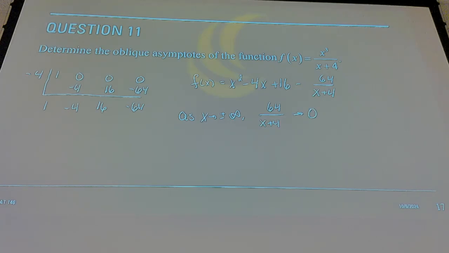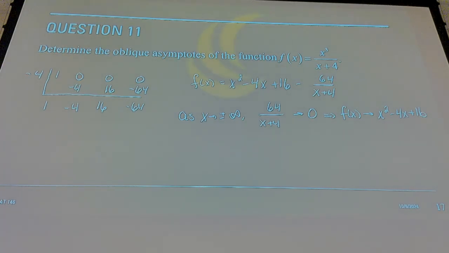That again would tend towards 0, right? Which would mean that f of x itself is going to tend towards x squared minus 4x plus 16.